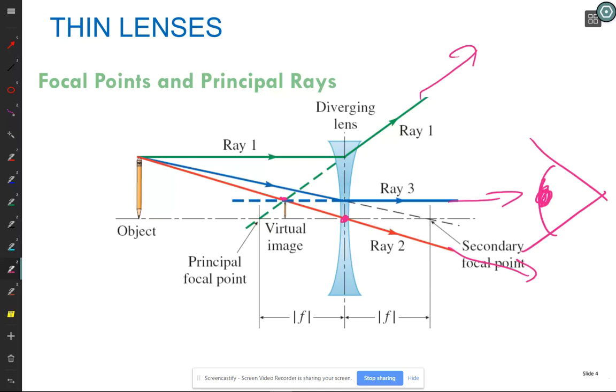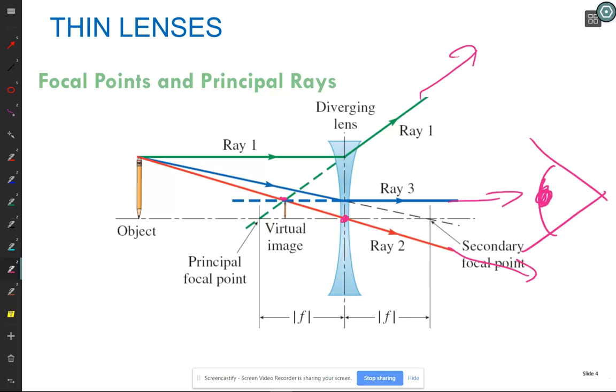Being careful here is really important because it's easy to make mistakes. So the focal ray always goes to the secondary focal point, right? The focal ray is always the secondary focal point. That is correct. And so when it's a concave lens, then the primary focal point is on the same side as the object and the secondary is on the opposite. If it is a convex, then the primary is on the opposite.